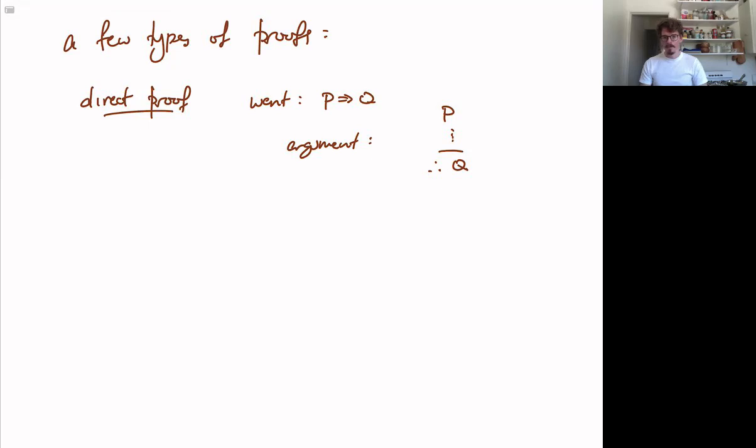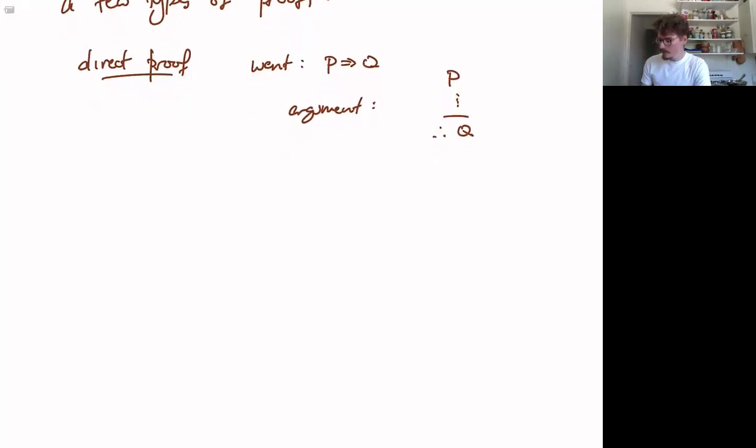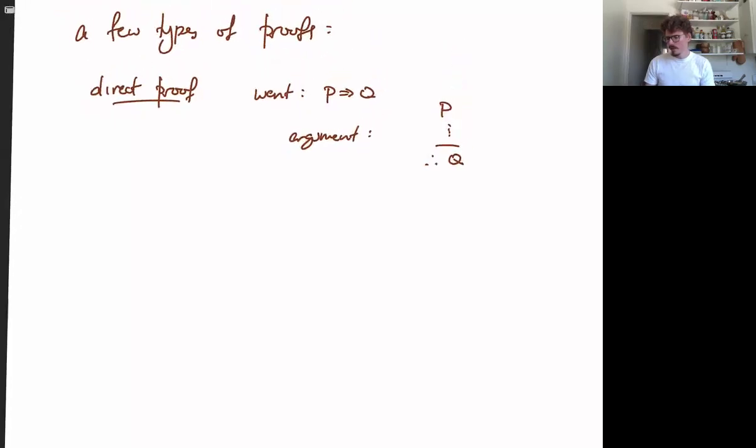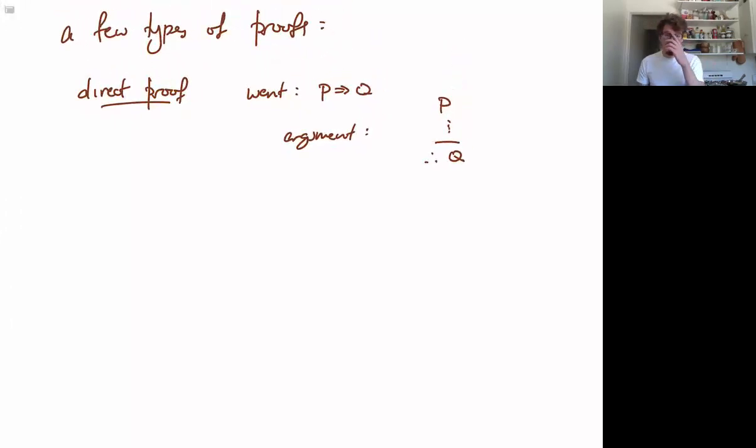So you're starting directly from the start to the finish. Maybe it's not super clear what I mean by that now, but when we get into other types, it'll become clear why this is direct as opposed to something else.